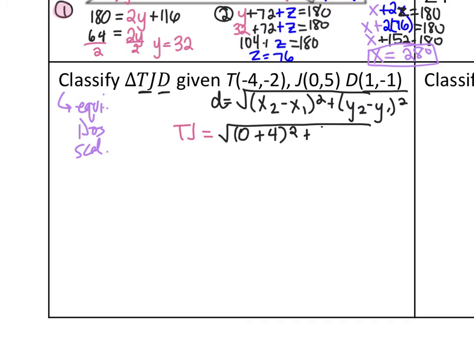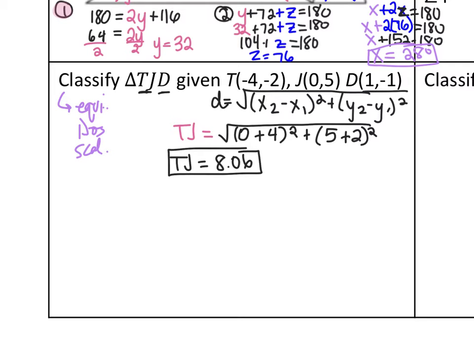Okay, and then y2 minus y1, which again, minus a negative. So for side length TJ, we get a total of 8.06. All right. So we did that for our first side. Now we need to do it for the other 2 sides as well.